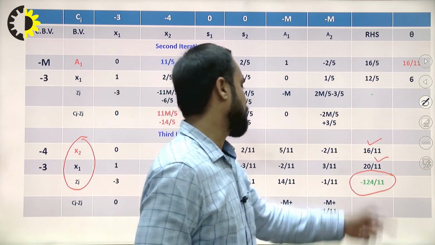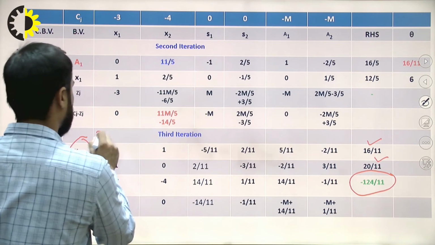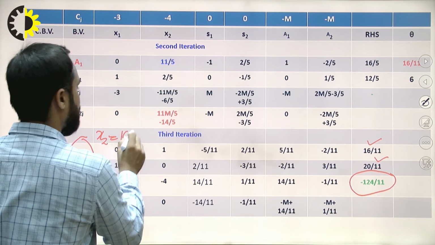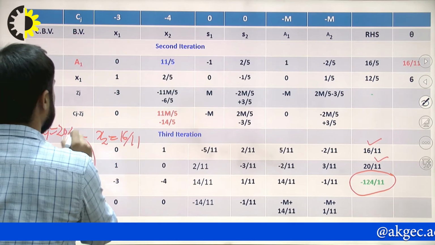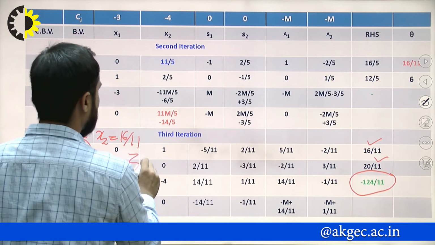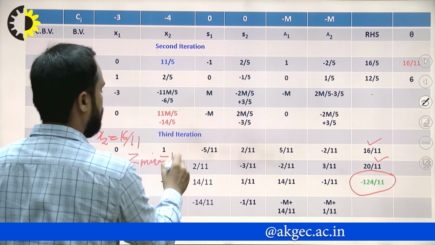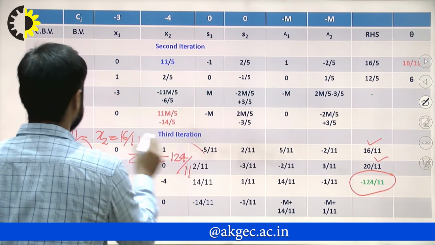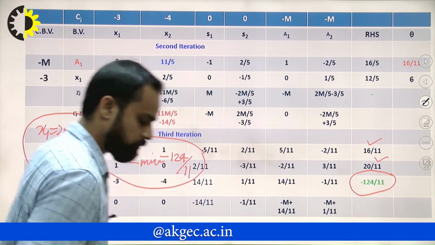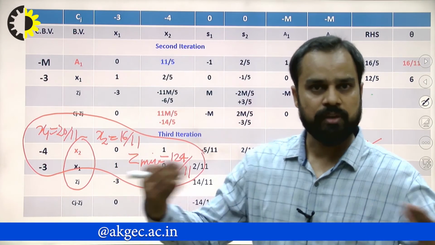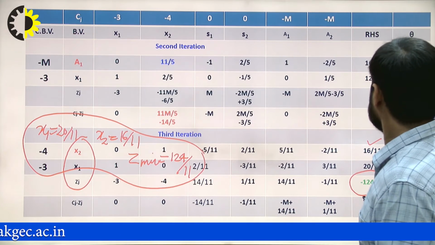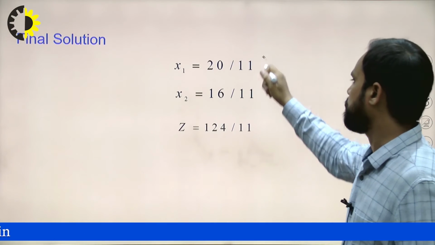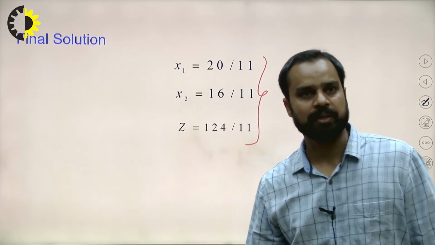So the solution is x2 is 16 by 11 and x1 is 20 by 11 and z minimization is equal to 124 by 11. That is the answer of the problem. So this way we can solve any minimization problem. And this is the solution of the problem, right?